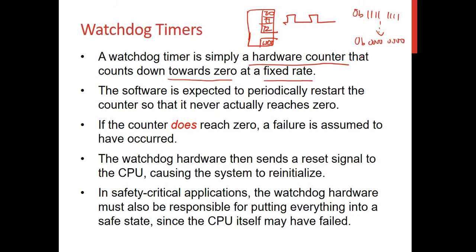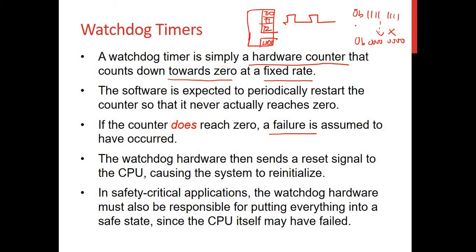The main objective of using this timer is that I must not let this happen. That means I do not want it to reach 0, because if it reaches 0, then we say that a failure has occurred in the system.